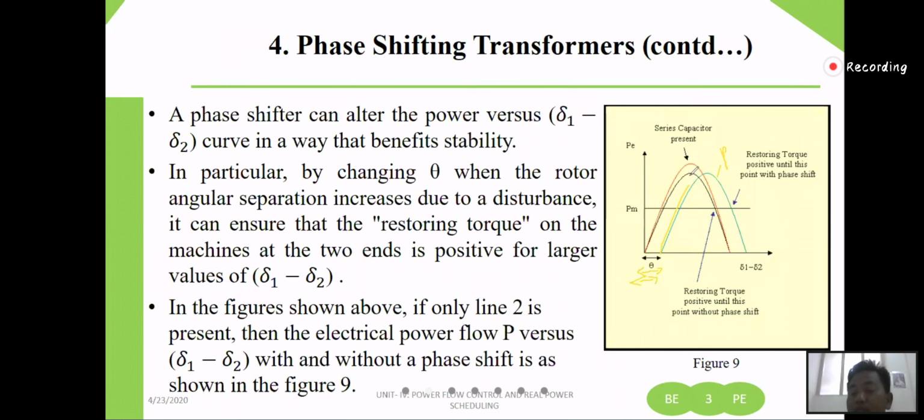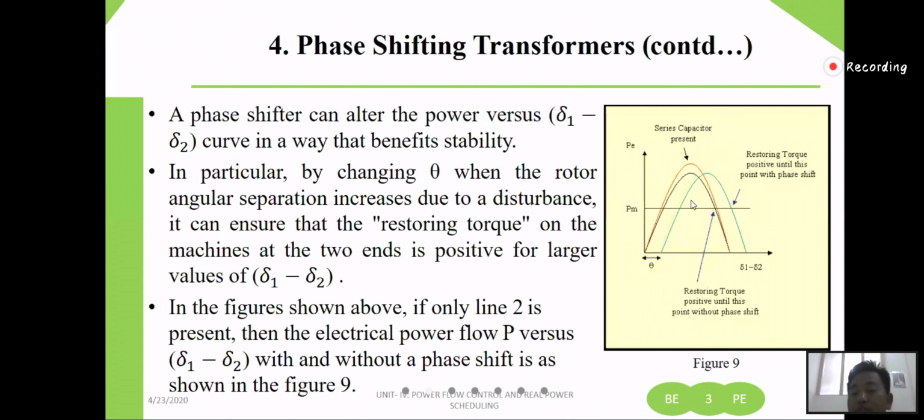So when you get minimum power and then require maximum power, you have to use a series capacitor. But by using a phase shifting transformer, you can regulate the power flow. Okay, so this is how we can control the power flow.